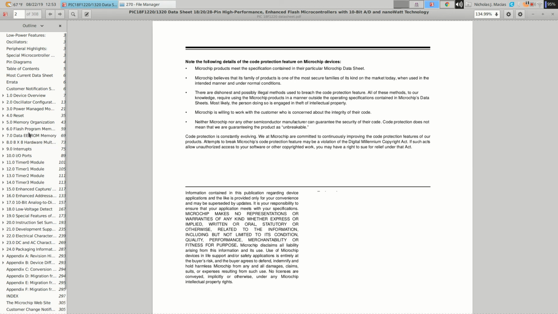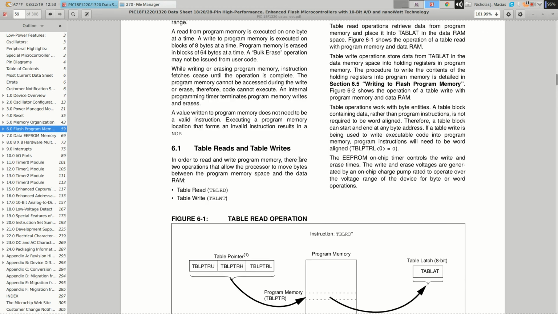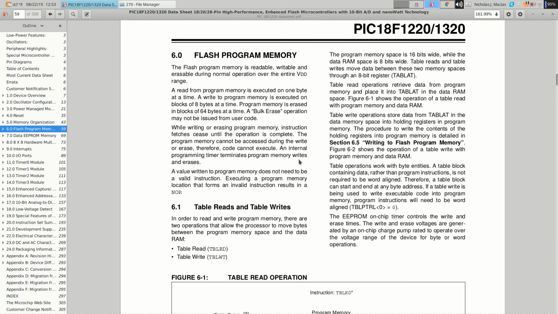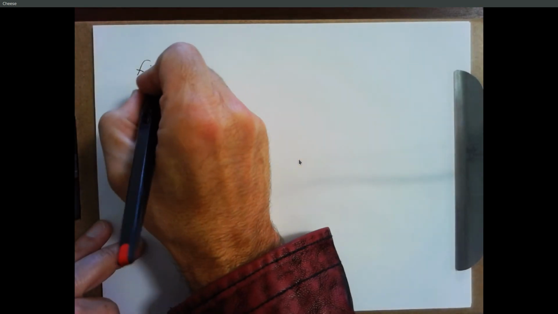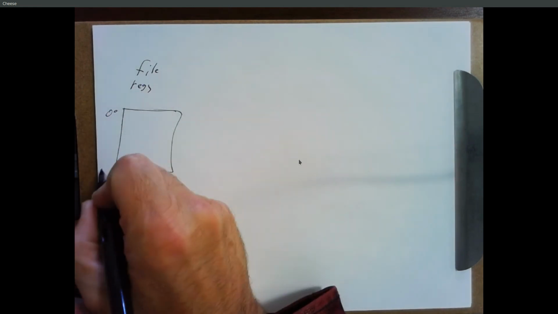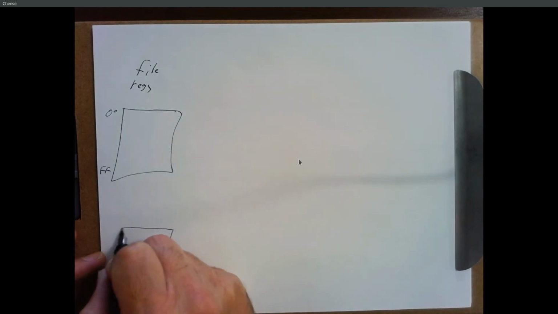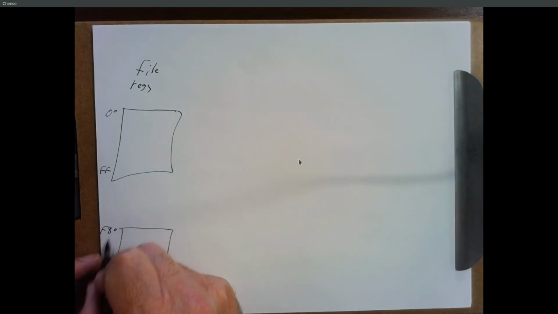All right, so one other thing I want to mention. And this is definitely not on the exam. But we know that in the PIC processor we have two memories. We have the file registers, which go from 00 to FF, and then there's these special function registers from F80 to FFF.